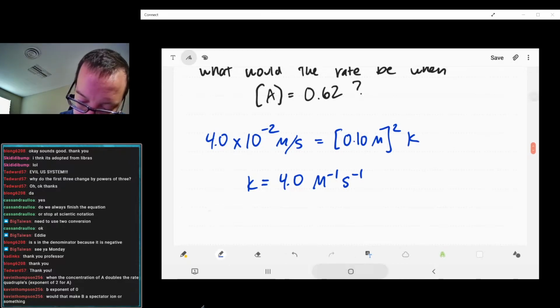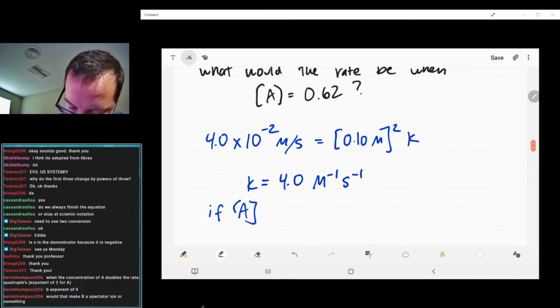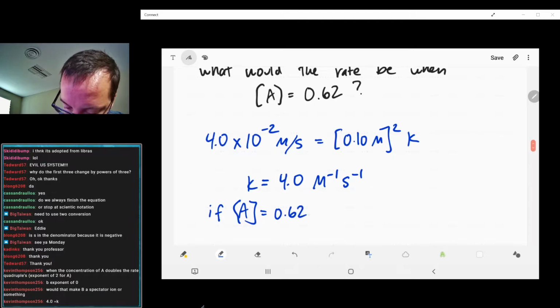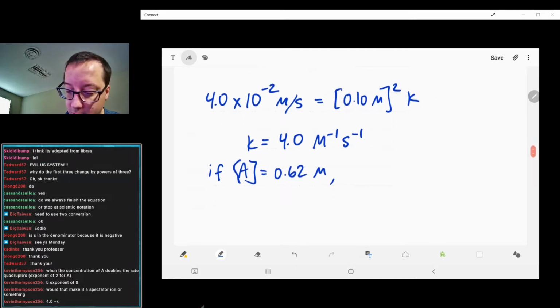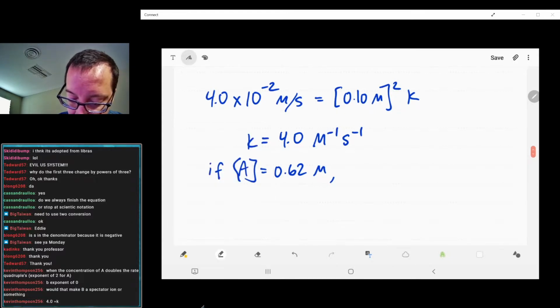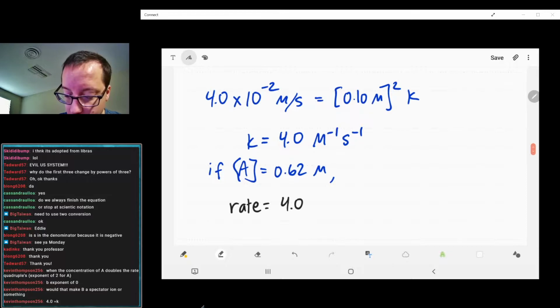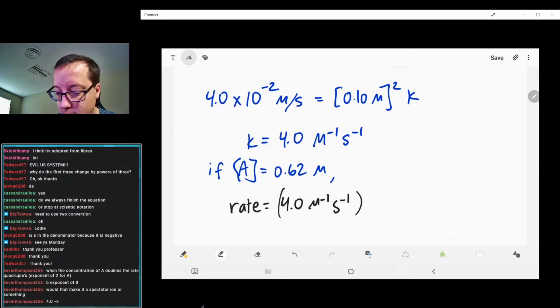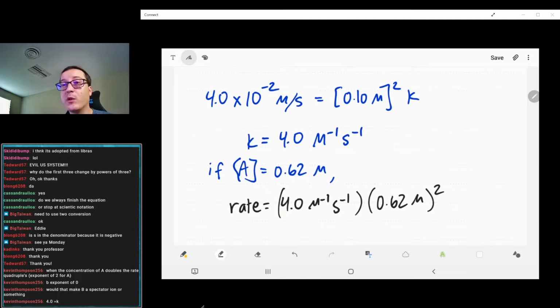And so if we know the rate, we have our rate constant times 0.62 molar squared. Awesome. I like when I can do the math in my head.